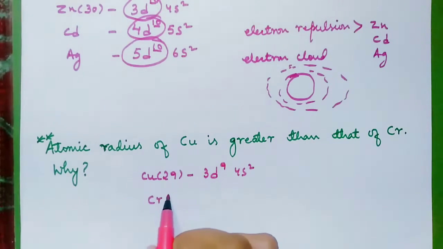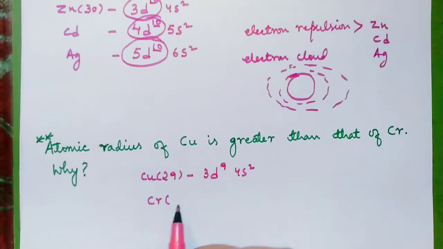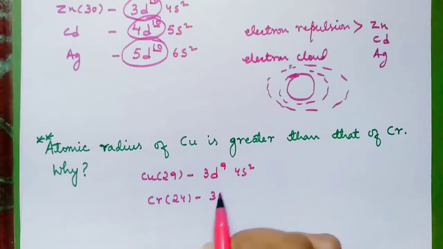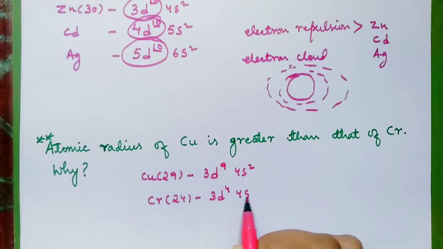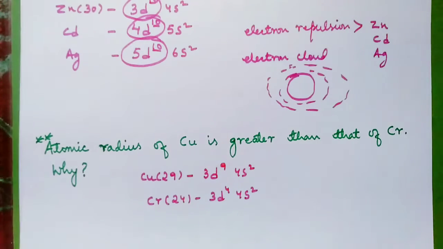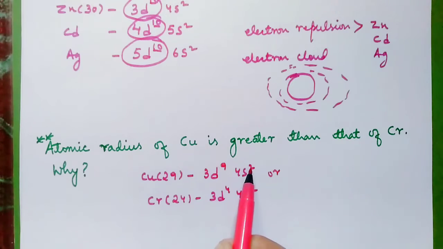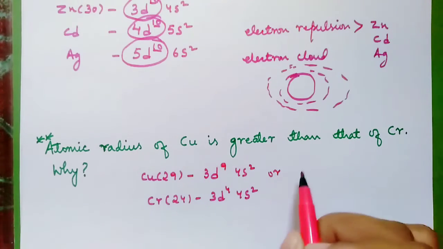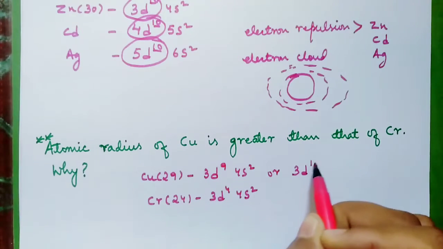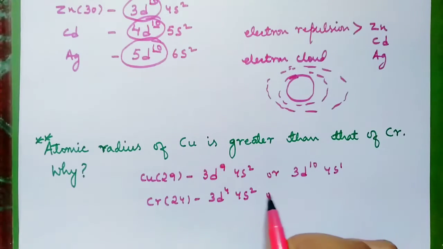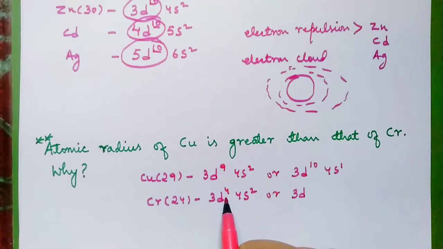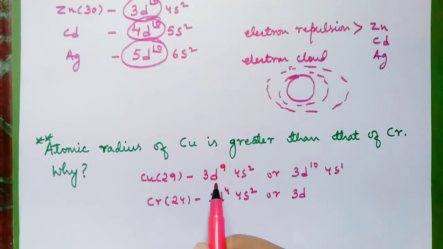For chromium, the atomic number is 24, so it is 3d4 4s2. For copper we can also write like this: one electron jumps to the 3d orbital, so it will become 3d10 4s1. Here it will be 3d5 4s1. One electron jumps into the d orbital to attain the half-filled stability state, and here also to attain the fully filled stability state.